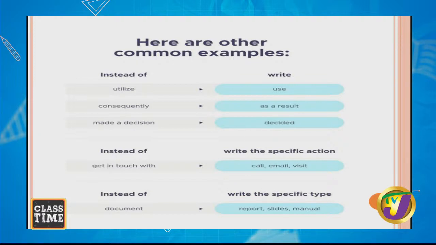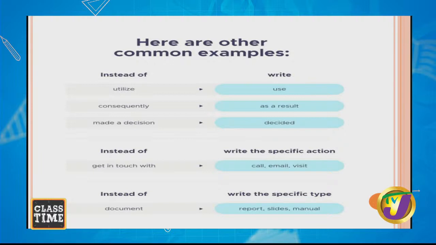And instead of using the word consequently, you would use as a result. Instead of using made a decision, you would write decided. Instead of get in touch with, you would write the specific action, right? Call, email, visit. Instead of document, write the specific type: report, slides, manual.